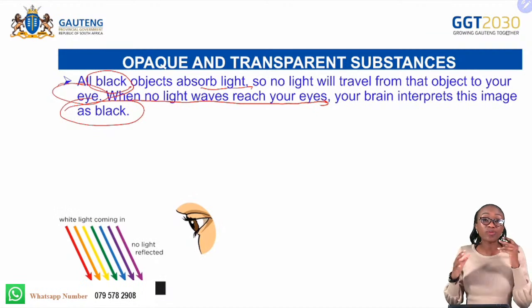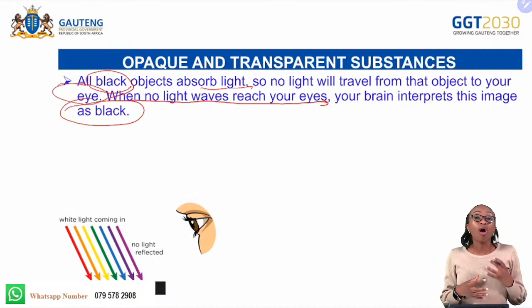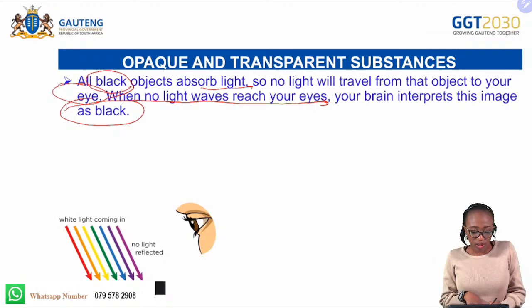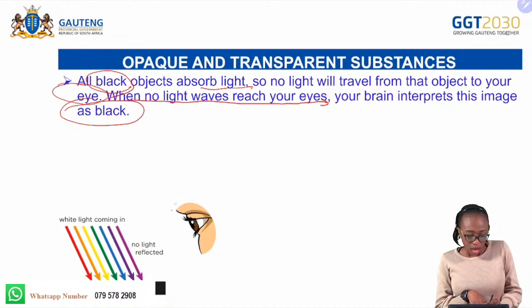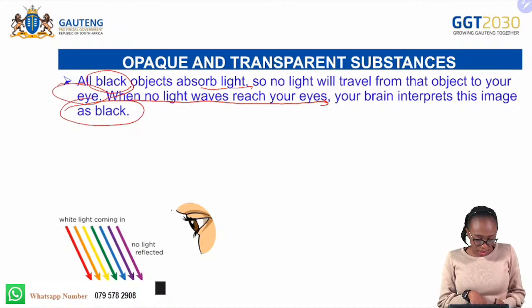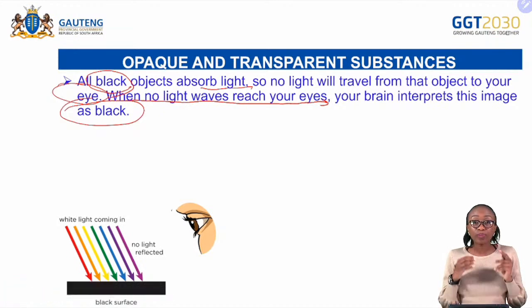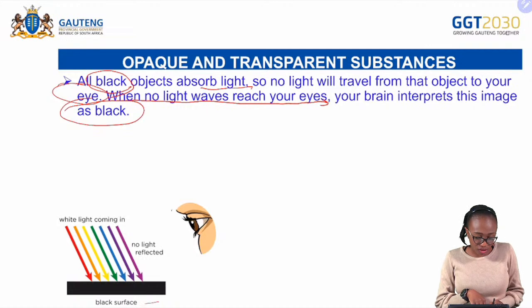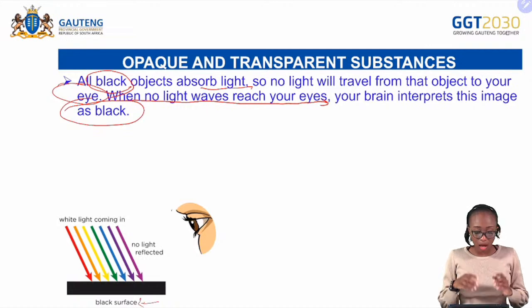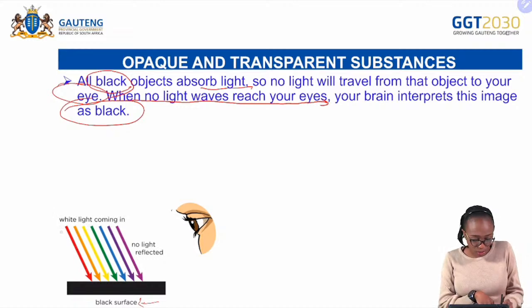Now let's look at this picture just to further explain what I have just said. This is a person, and the person is looking at the surface. The person's brain has interpreted the color of the surface as black. Why is it so? Because the 7 colors of the visible spectrum, red, orange, yellow, green, blue, indigo, and violet, are all being absorbed by this surface.